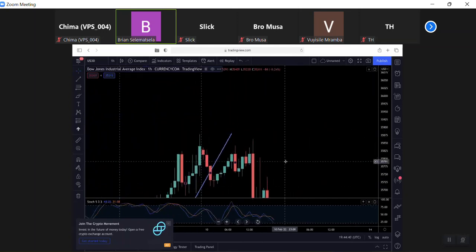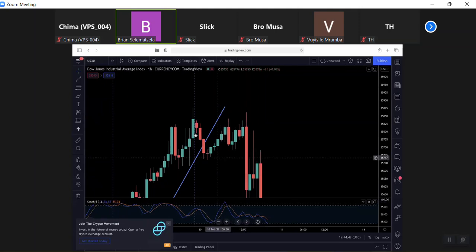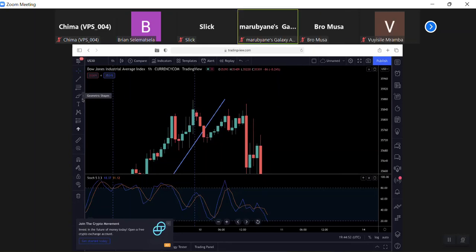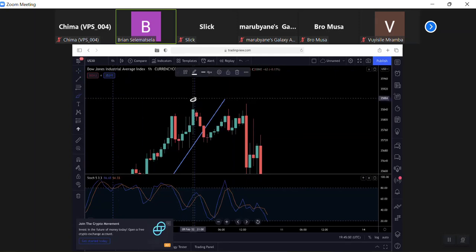So immediately after the breakout, I spot divergence. Those of you who don't know divergence, each and every time frame has its own divergence. I measure where the market was at a particular time, and I also check where the stochastic was at that particular time. So I check the last point of the market is there, and when I correlate it to the stochastic, I check it is there.